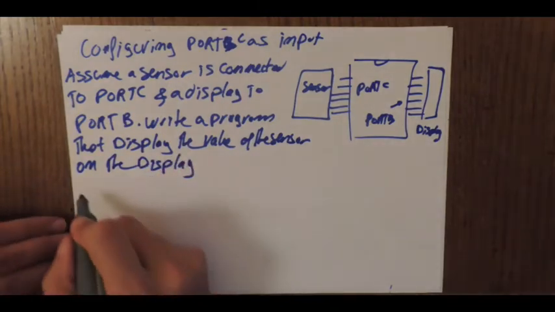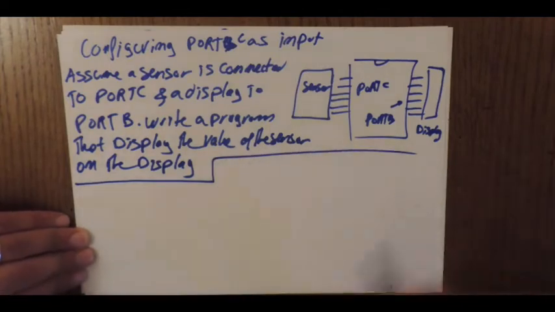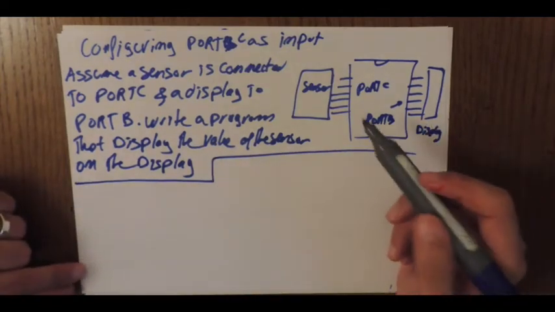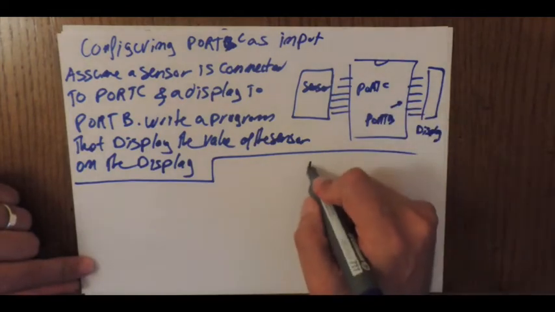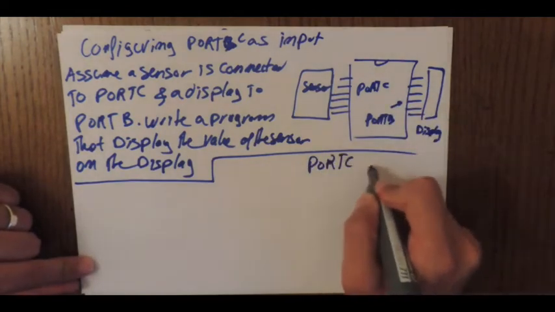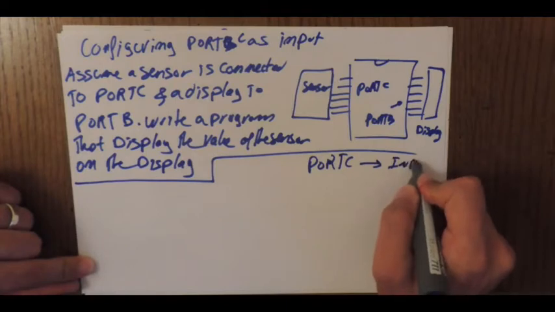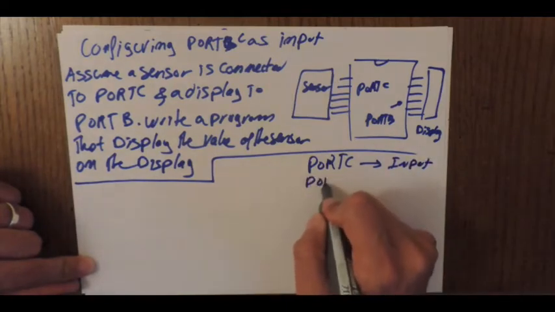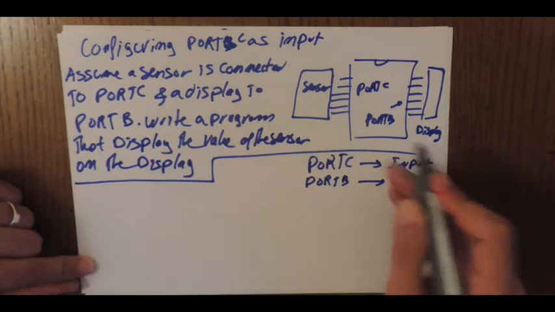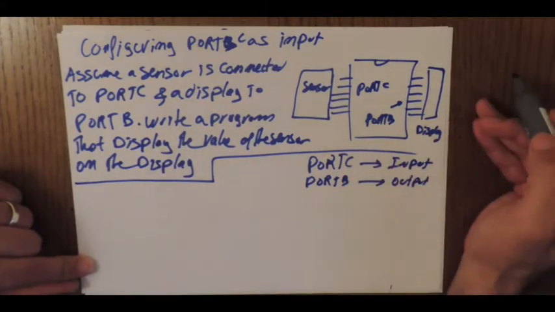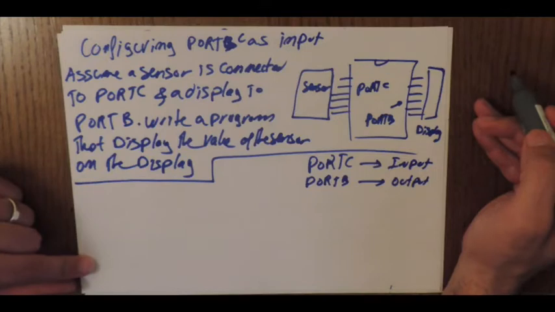So in this problem, I wanted to know what is the output, who is the output, and who is the input. So in this case, port C will be input and port B should be set as output. Since I'm displaying value, I'm outputting value to the display.